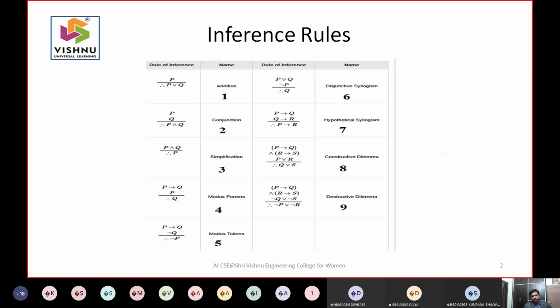Mostly we will use the 7 rules because the 8th and 9th rules are part of the 7. So obviously we will use the 7 rules to infer something. Every time when you move from one state to another to make a valid fact or inference, these rules are used.